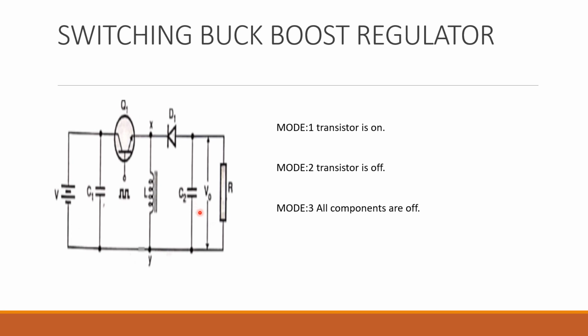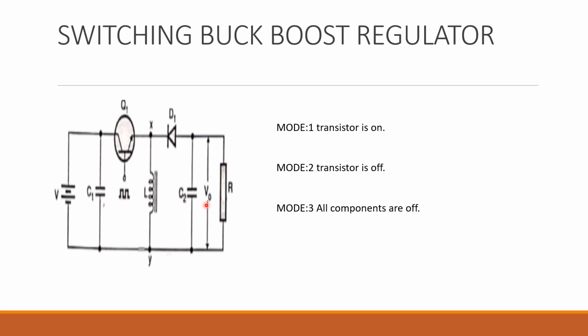In mode 3, let us understand what will happen. In mode 3, diode is also off, transistor is also off, but now again capacitor was stored by charge, again minus on this side, plus on this side. Lower plate of capacitor is charged with plus polarity.